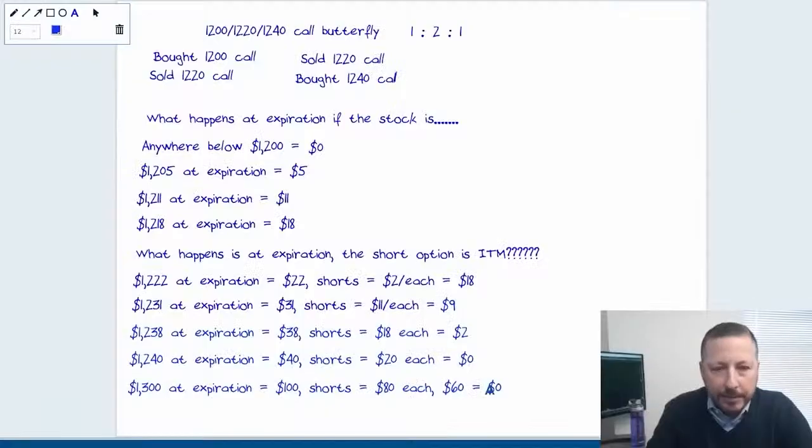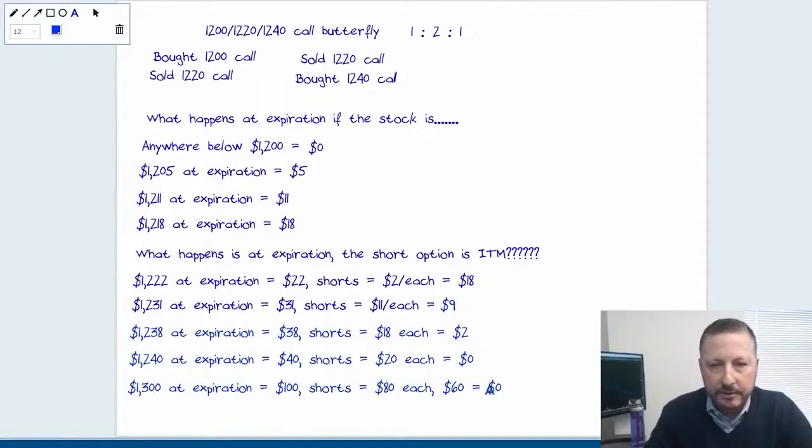So butterfly positions can be very speculative, because hitting the bullseye typically doesn't happen. But the reward to risk is phenomenal. That's why butterflies are very, very inexpensive ways to play a directional position.